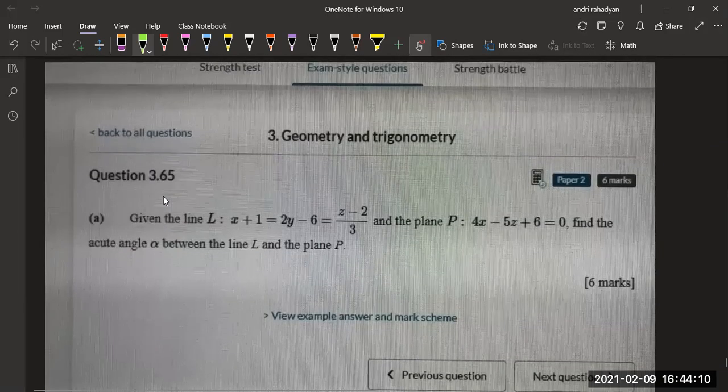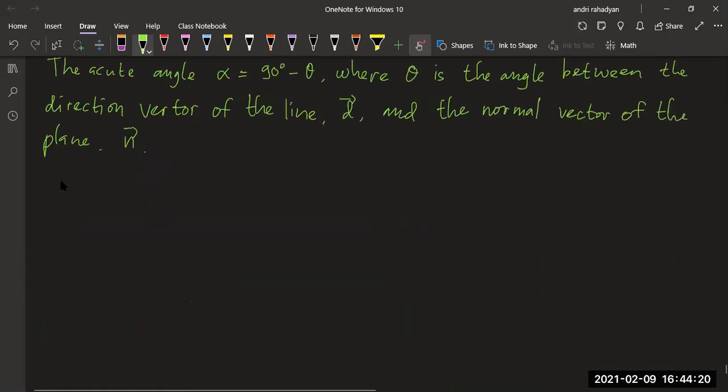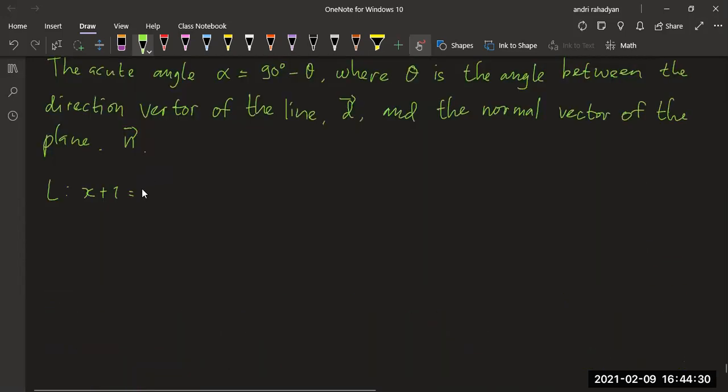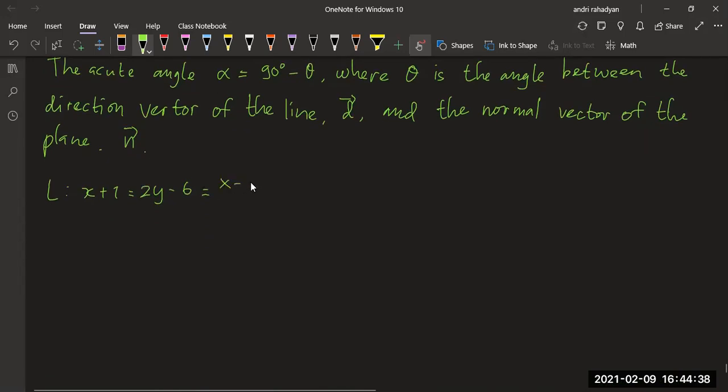We have the equation of line L in Cartesian form: x plus 1 equals 2y minus 6 equals z minus 2 over 3.